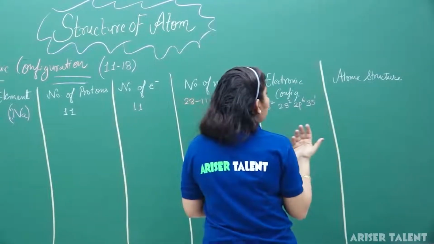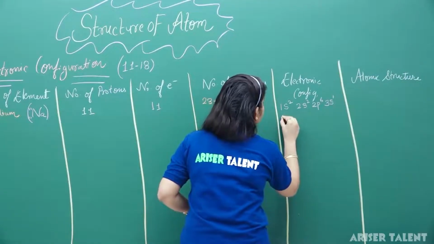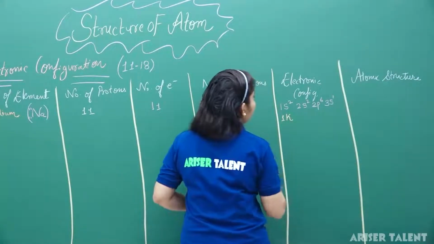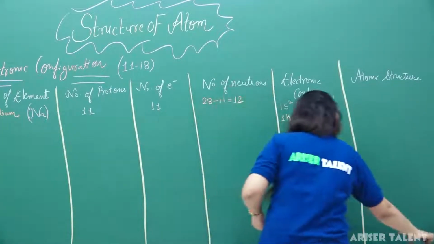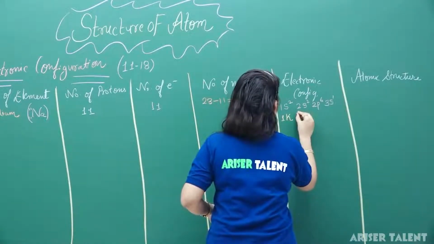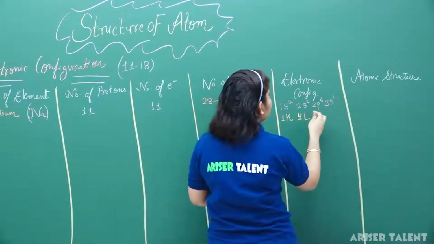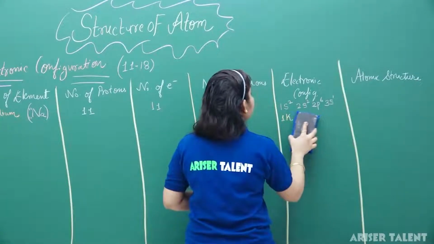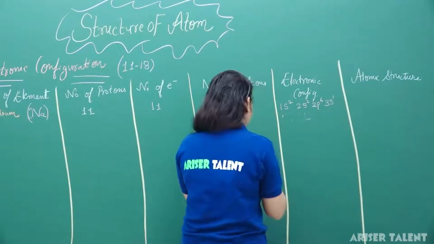So, if I consider the KLM shells, what will we have? We have 2 electrons in the K shell, and 2 plus 6, 8 electrons in the L shell, because L can accommodate a maximum of 8 electrons.